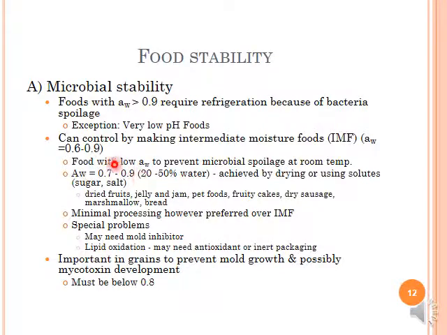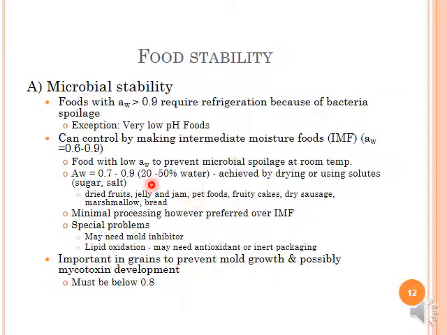Food at water activity in the range of 0.7 to 0.9, which normally will have moisture content of 20 to 50%, can be dried or we can bind this free water. For example, food that undergoes these processes includes dried fruits, jelly and jam, pet foods, fruity cakes, sausages, marshmallow, and bread.